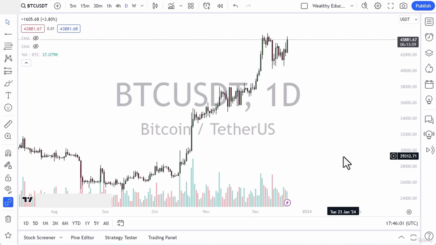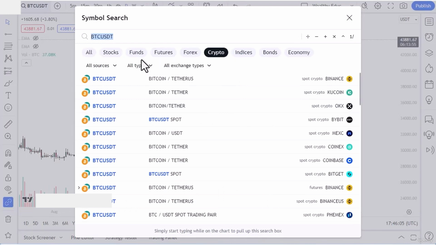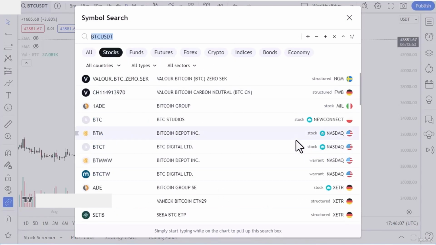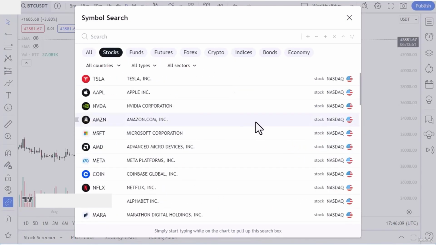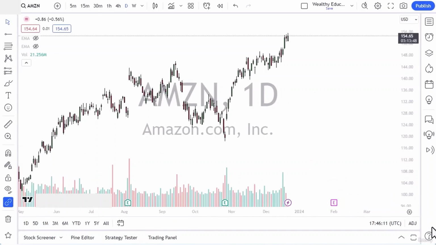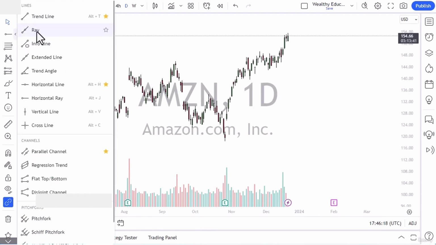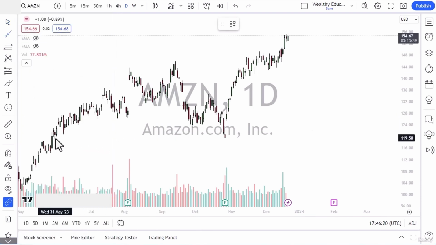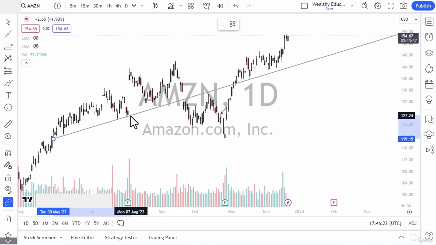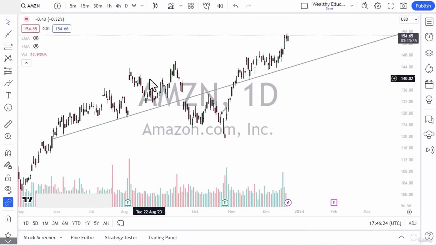So one thing that you can do, let me go ahead and change assets here. Let's go to stocks. Go to Amazon. So one thing you can do is you can use a trend line, and I'll use a ray just to kind of show how this plays out. This is your trend line here, and Amazon had been in a nice run.